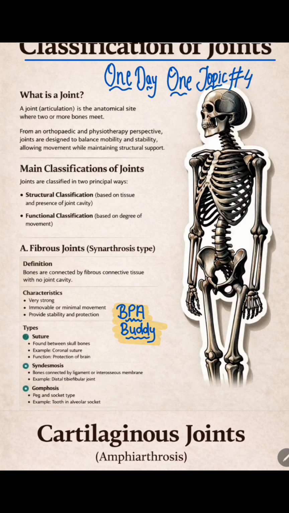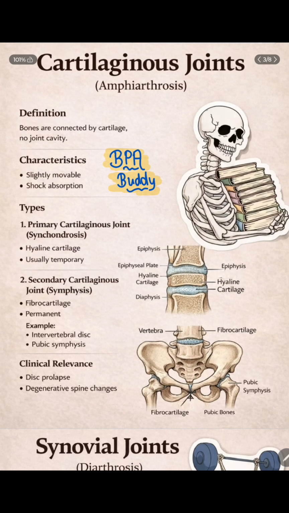Then comes the cartilaginous joint, also known as amphiarthrosis. The definition is joints which are connected by cartilage, with no joint cavity present. It is slightly movable and its function is shock absorption. There are further types.